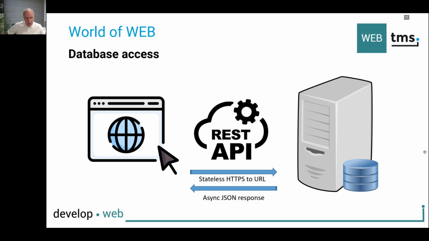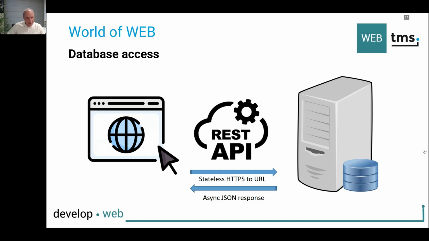But for a web application, that is quite different, because obviously you cannot expect that the database will be running locally on the system where the user is working via the browser. Here, typically, we have a central database on a server and the web application working with the data in that database via a REST API.